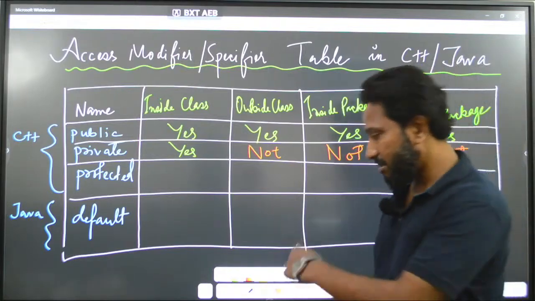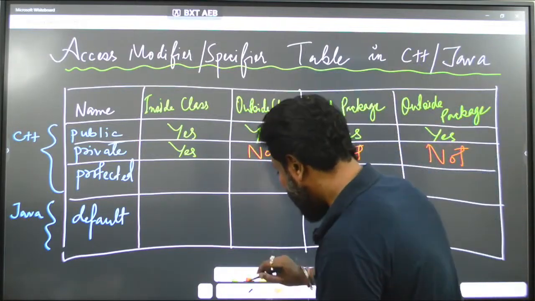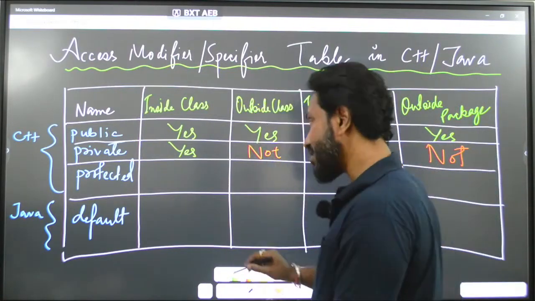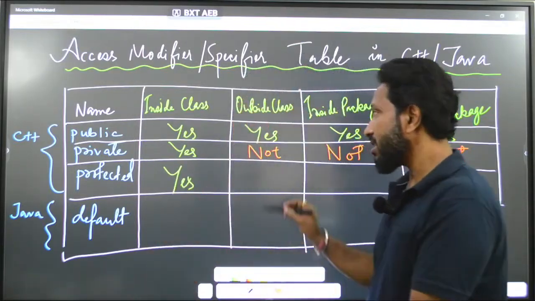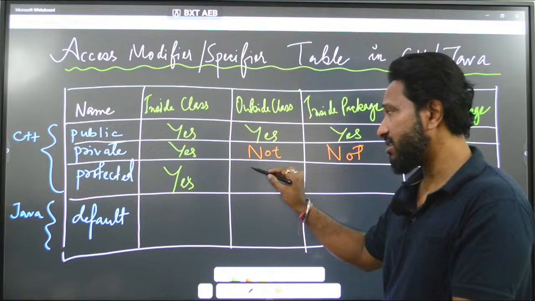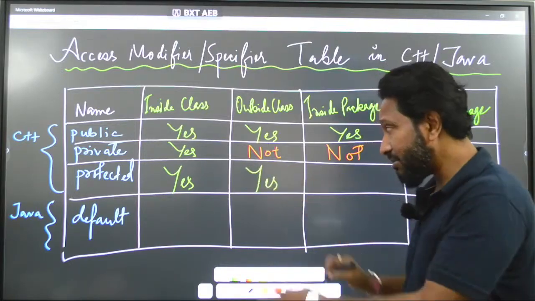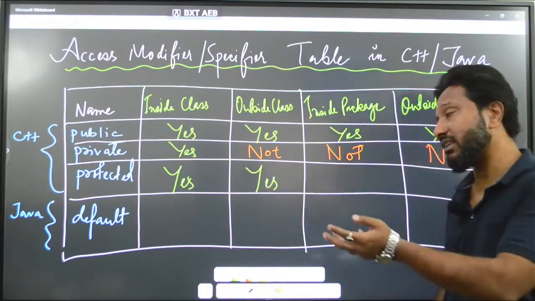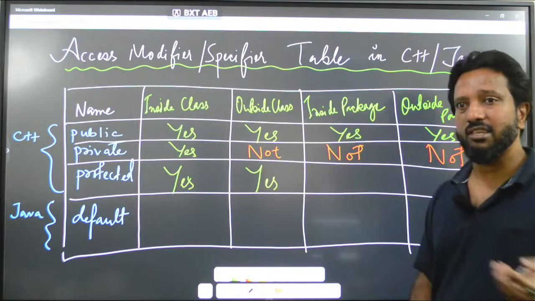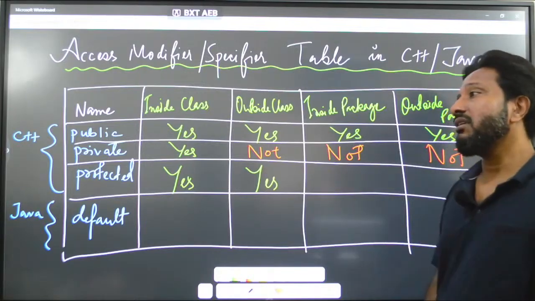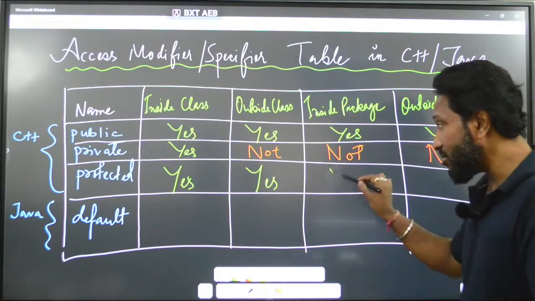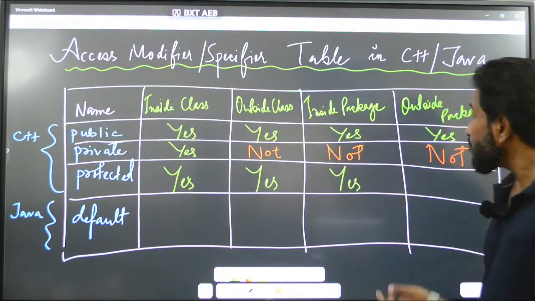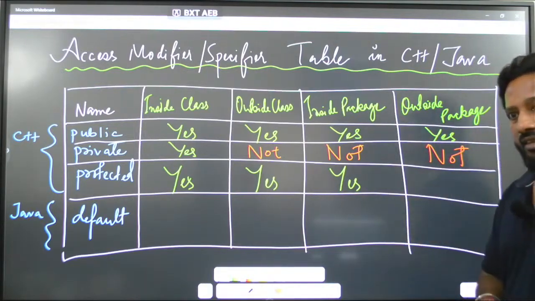Okay, and then protected. The protected members are actually accessible inside the class. Yes, the protected members are accessible outside the class. What do you say? Yes, guys, this I have been asking in lots of interviews and at the same time in lots of colleges. Many people forget to or don't really answer this in the proper way. Okay, inside the package also it is yes. What about outside the package?